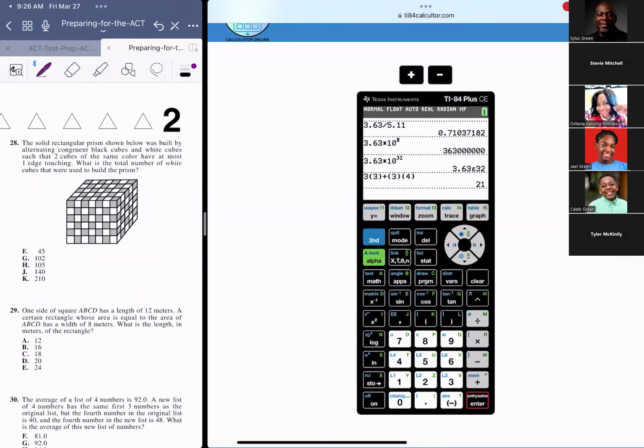And it's the same for the black cubes. So it's basically like half of the cubes are white, half of them are black.